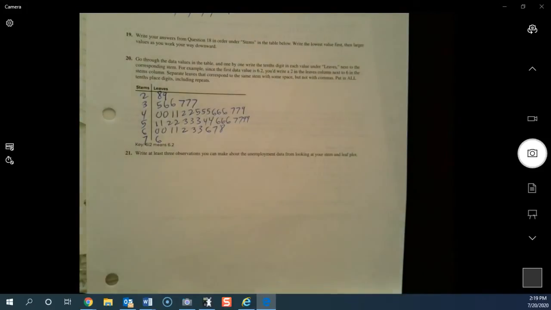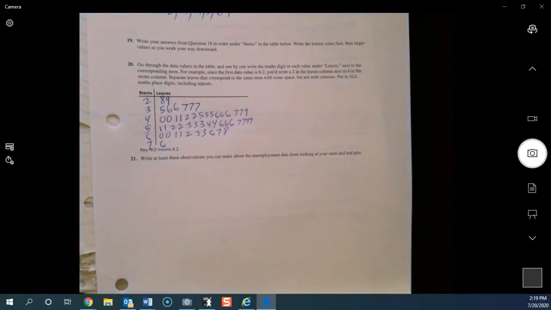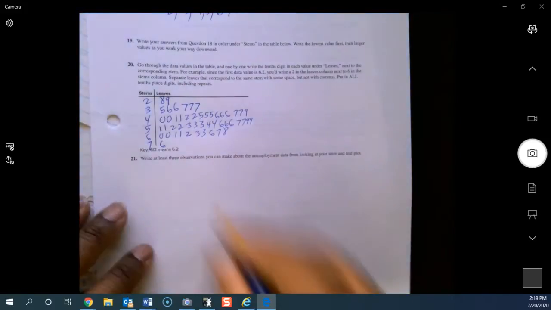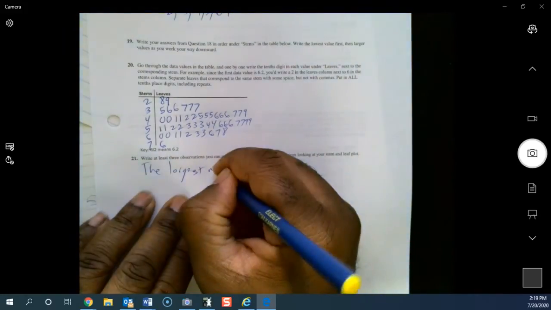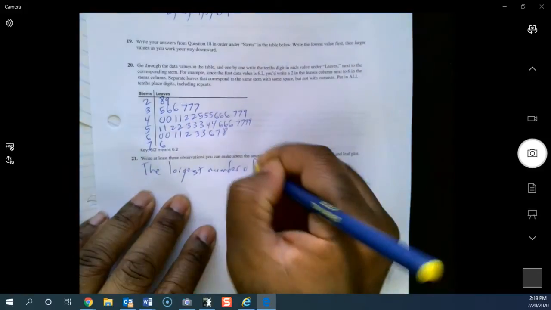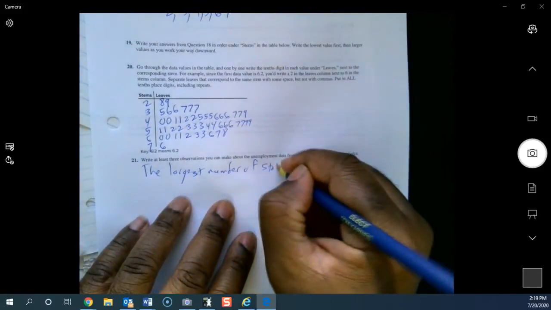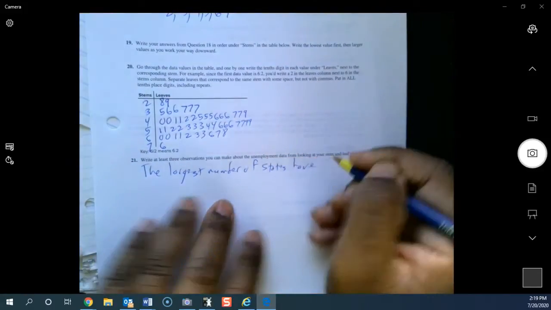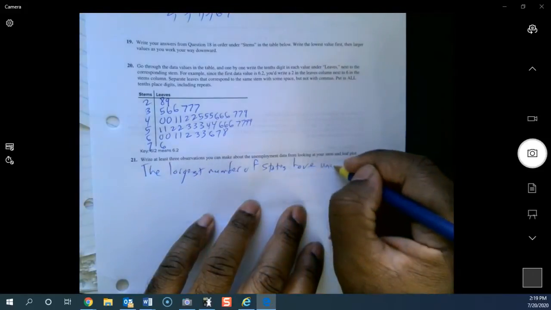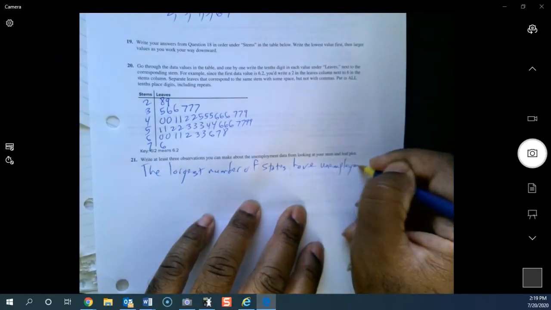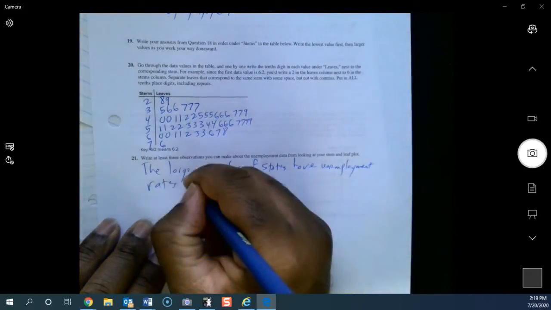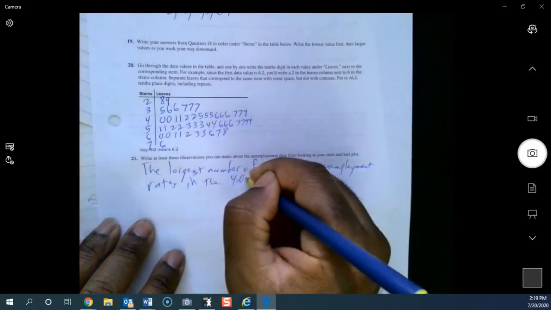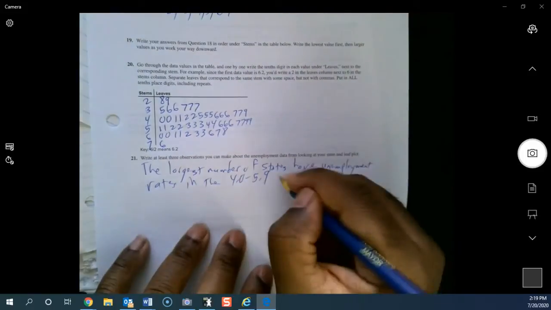21. Write at least 3 observations you can make about the unemployment data from looking at your stem and leaf plot. First, we could say the largest number of states have unemployment rates in the 4.0 to 5.9 range.